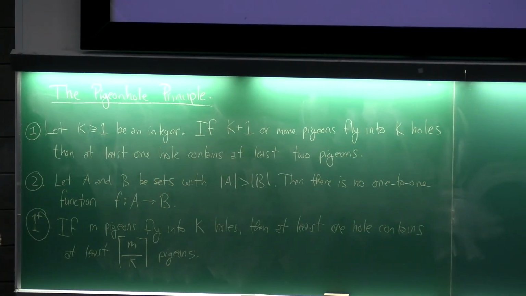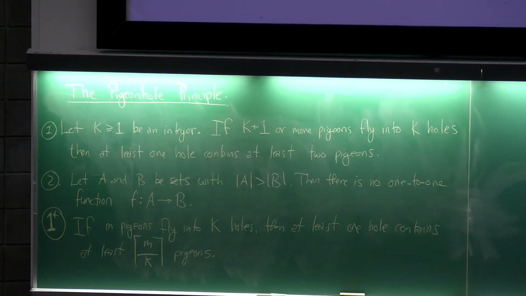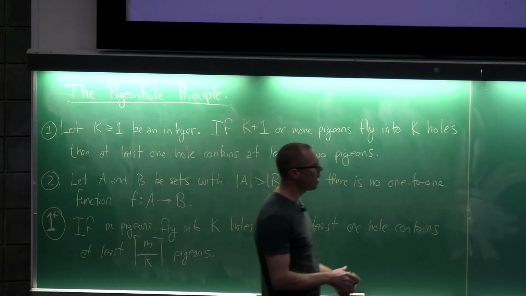And the generalization of this, which is not any more complicated, is if I take a whole bunch of pigeons now. M could be a lot more than K. It could even be a lot less than K. It doesn't really matter. Let's say I just have M pigeons, and those M pigeons fly into K holes.